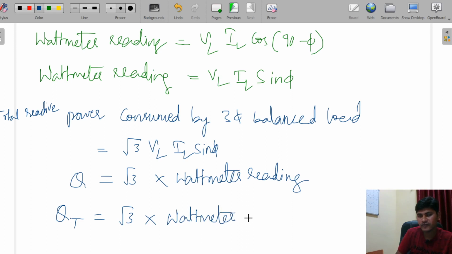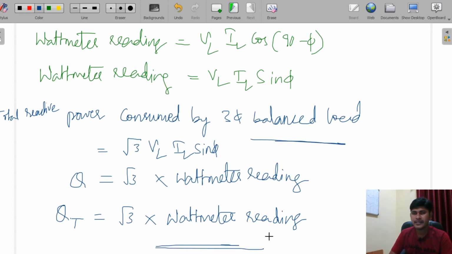Root 3 times the wattmeter reading gives the total reactive power consumed by the three-phase load. So the total reactive power in a three-phase balanced load will be root 3 into the wattmeter reading. Okay. Thank you.